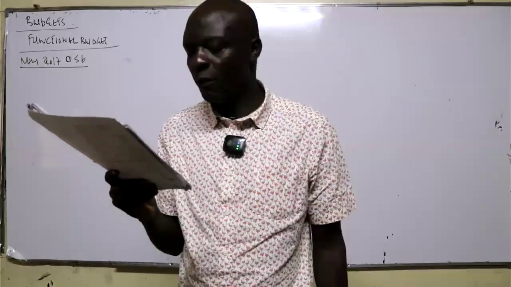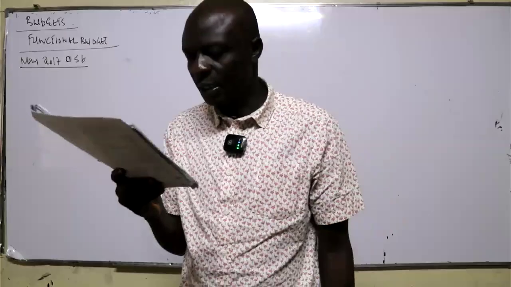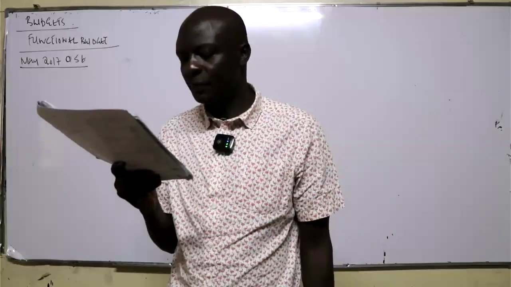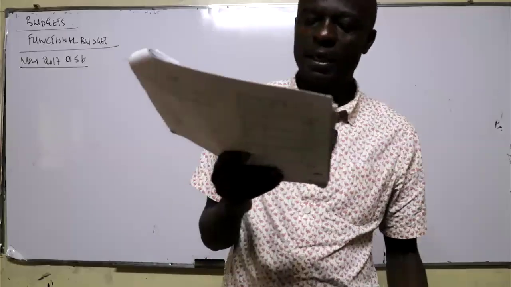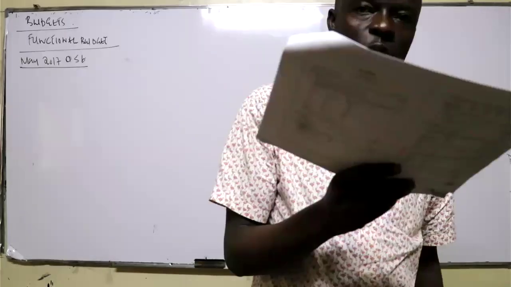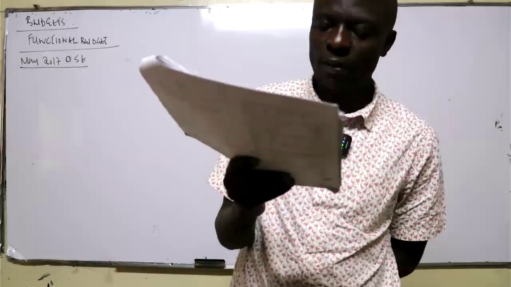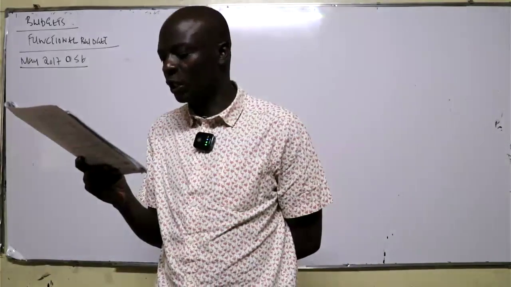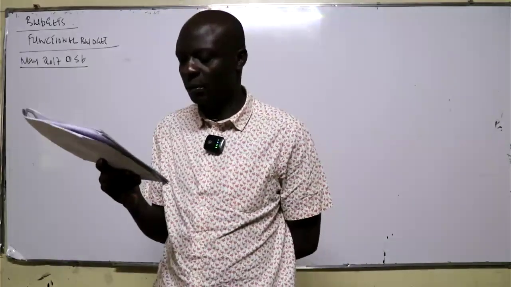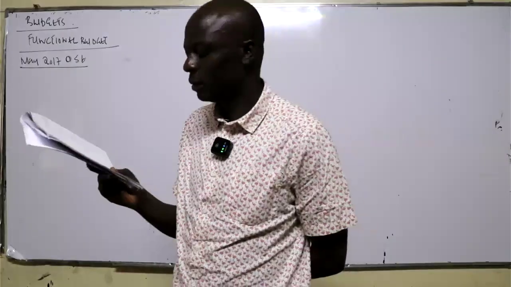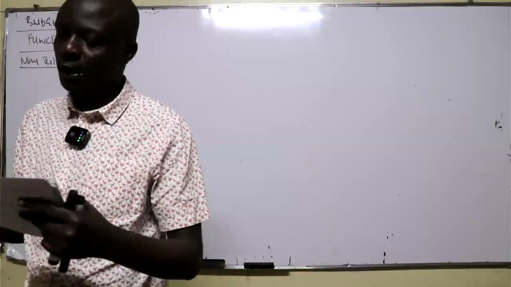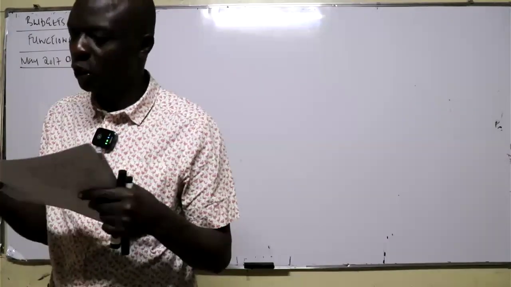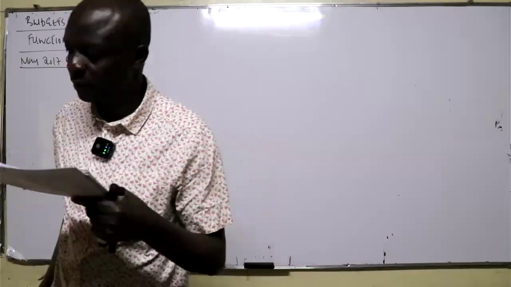Then we have component X, 16,000 units at a unit cost of 20 shillings, and component Y, 9,600 units at a unit cost of 10 shillings. Number 3: production cost of each unit requires the following labor hours: production department and finishing department.